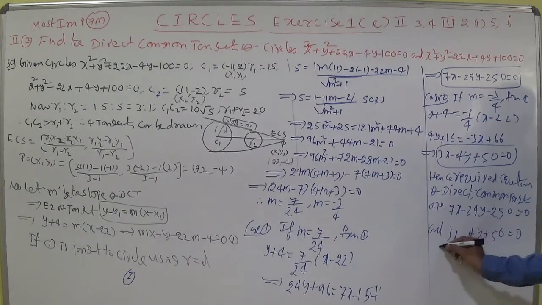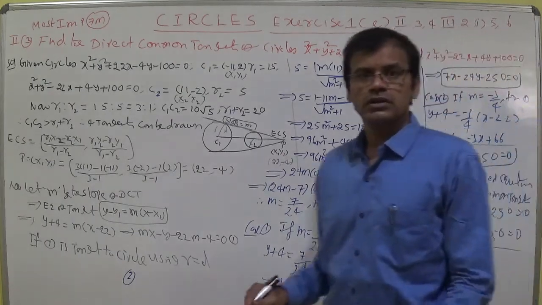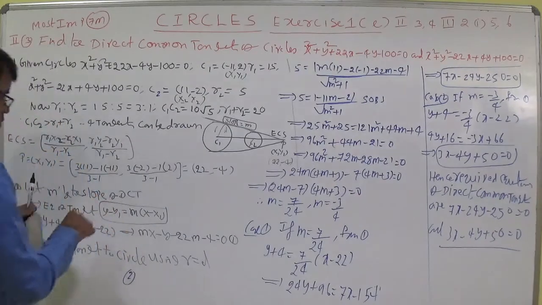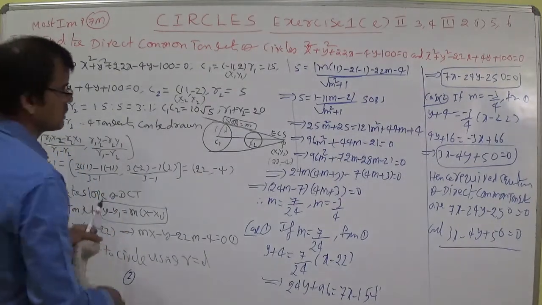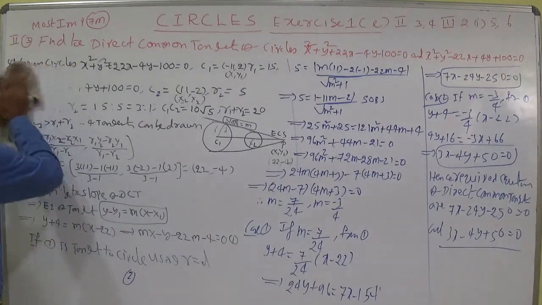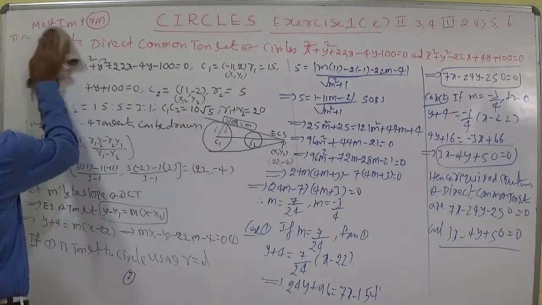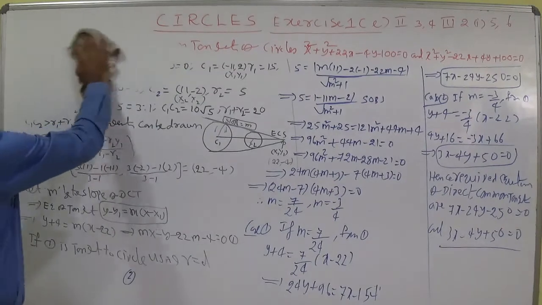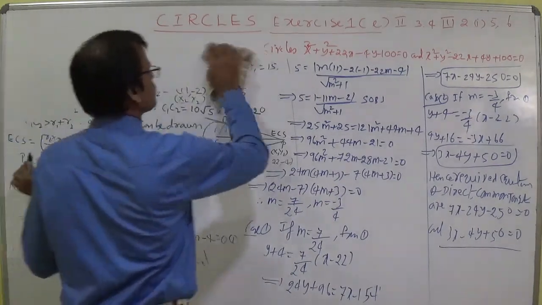You should write until here, even though the sum is given in exams also. This is the way to write. Don't forget, students, this is the most important 7 marks question. Roman number 2, third question completed. It depends upon the concept. Let us discuss Roman number 2, fourth question.